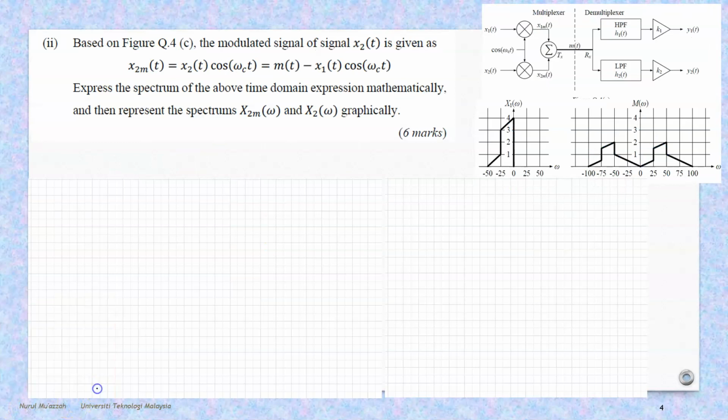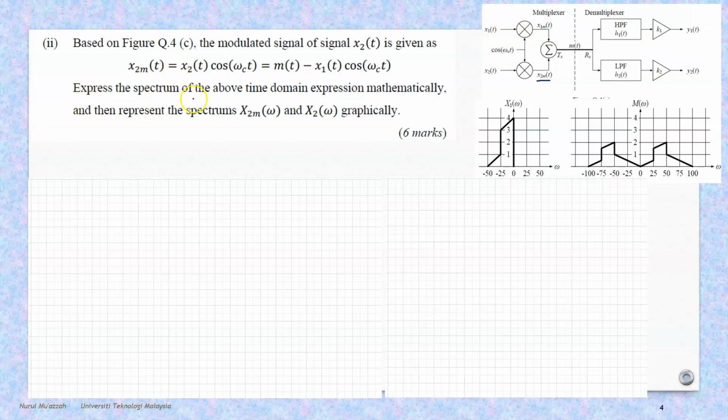Continue to question number 2. Based on figure Q4C, the modulated signal of signal x2(t) is given as x2m(t) equal to x2(t) multiplied by cosine omega c t, which is also equal to m(t) minus x1m(t). x1m(t) is also x1(t) cosine omega c t here.